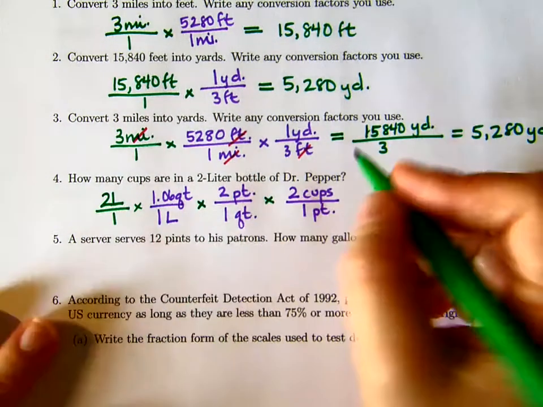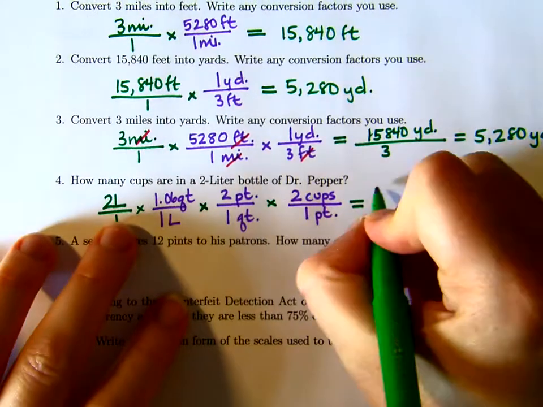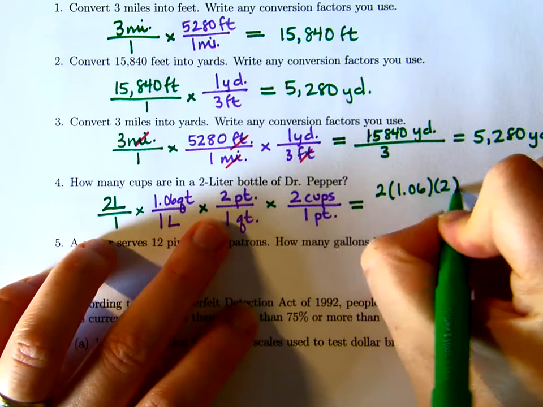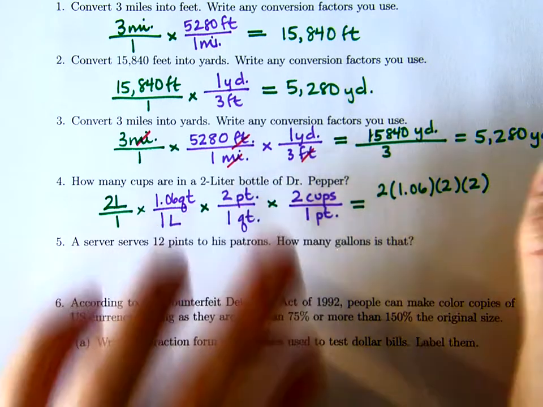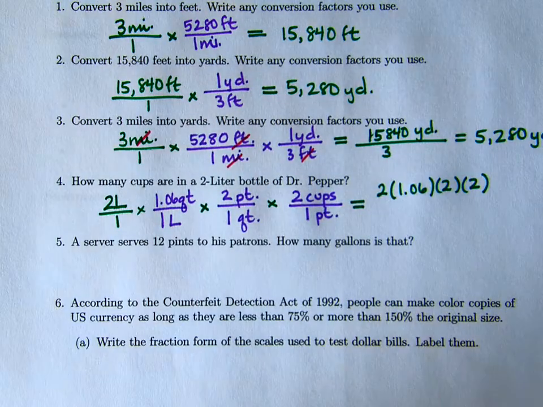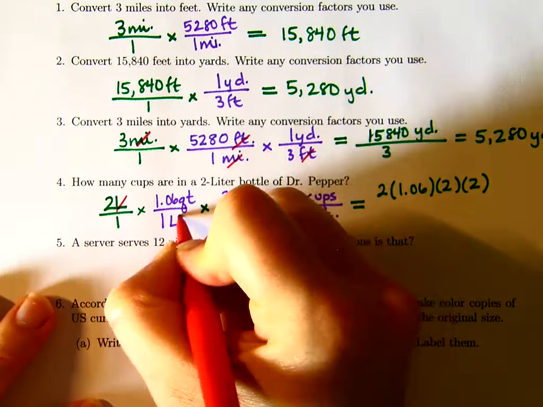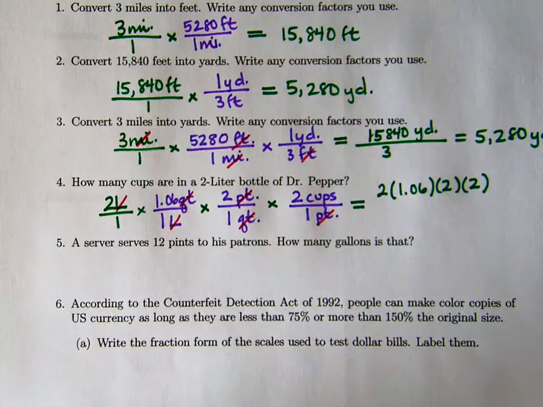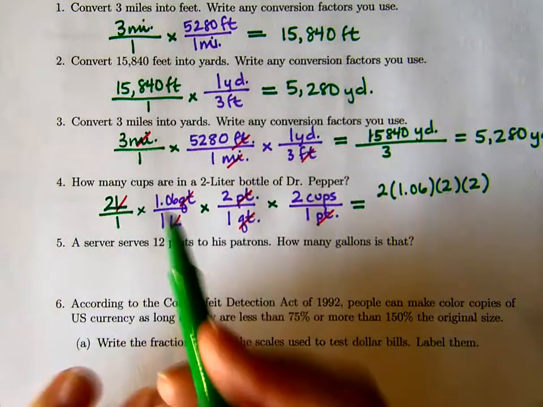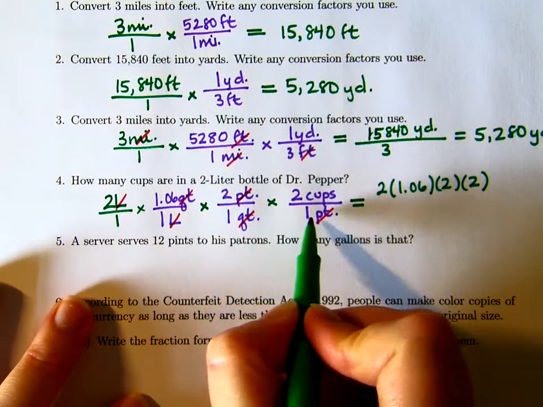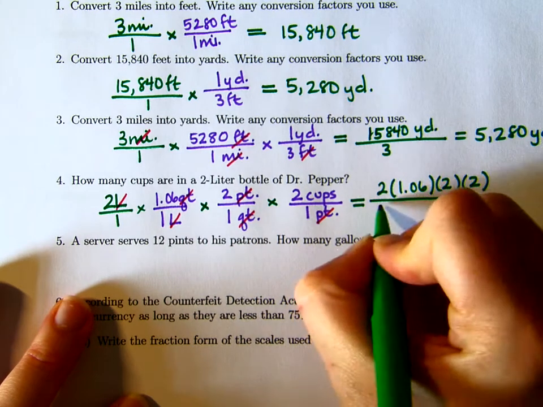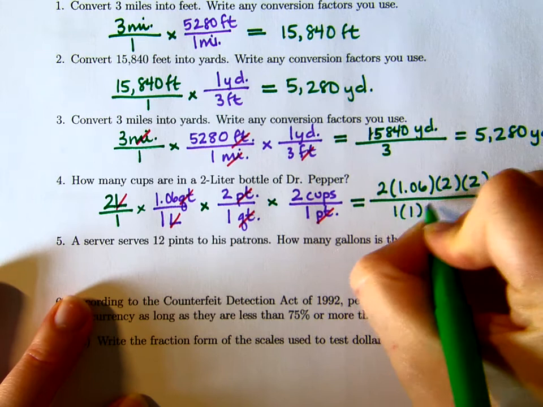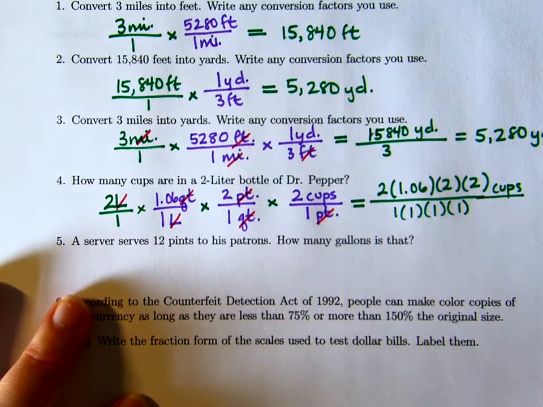I think we're ready. I see 2 times 1.06 times 2 times 2 in the numerator. And just to look at the units here, liters are gone, quarts are gone, pints are gone, cups are left. Yay! And then our denominator is 1 times 1 times 1 times 1, which is 1.